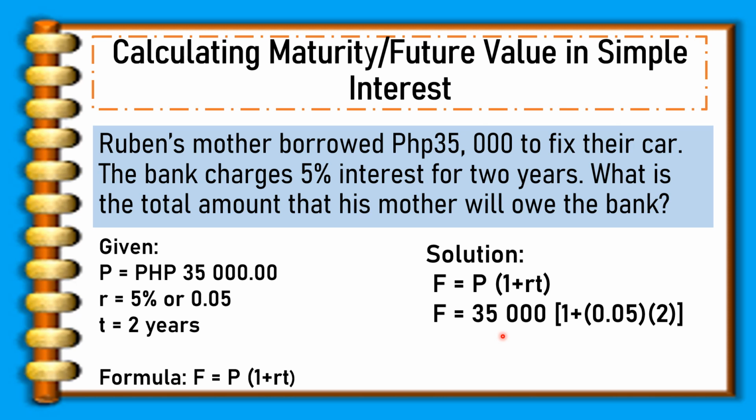P is replaced by 35,000, R is replaced by 0.05, and T by 2. First, you need to simplify numbers inside the parentheses. 2 multiplied by 0.05 plus 1 is 1.1, multiplied by 35,000 will give you 38,500. So the total amount that his mother will owe the bank is 38,500 pesos.